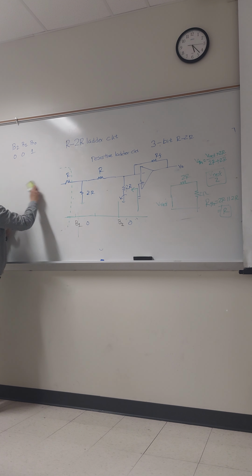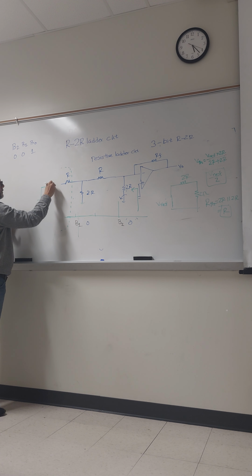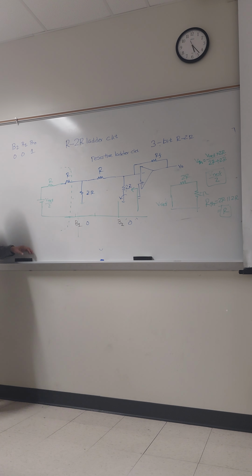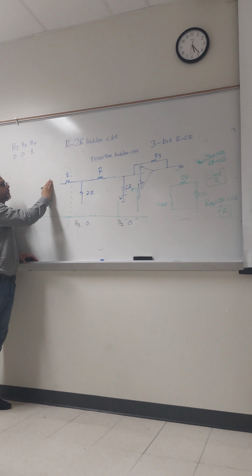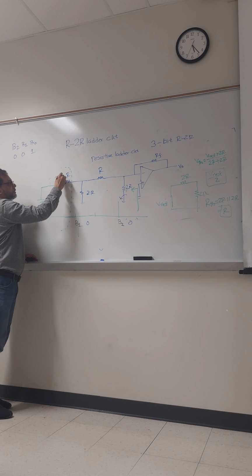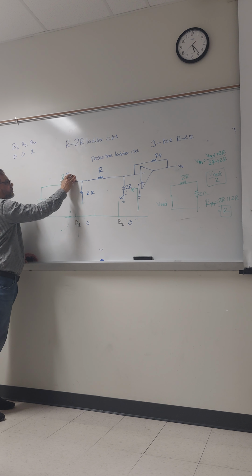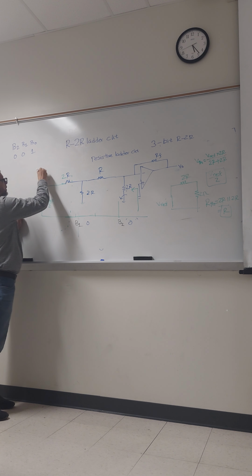For that particular portion, we found V reference by 2 with R. Now R plus R in series will become twice R. Now you have to look at this box. If I use another color, I'm sorry.